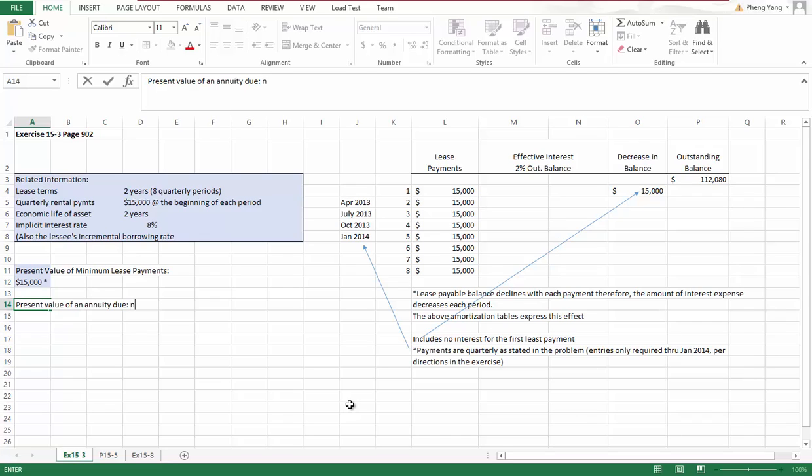The number of time periods is going to be 8.